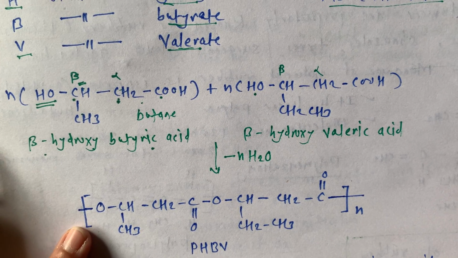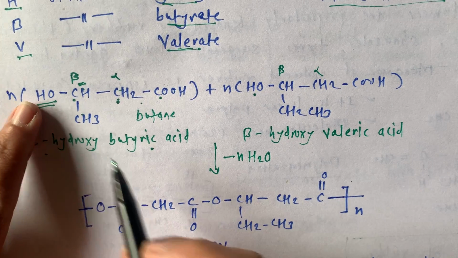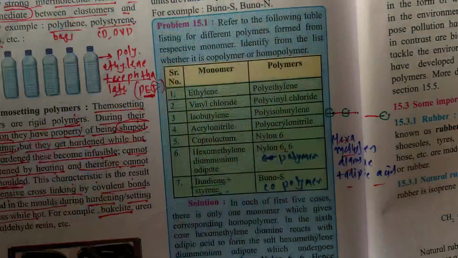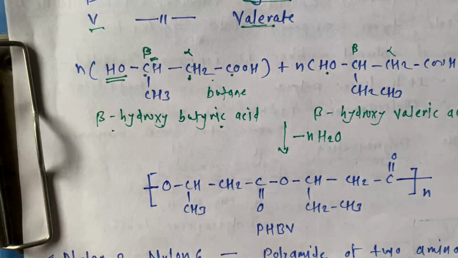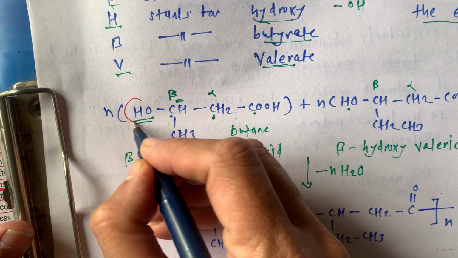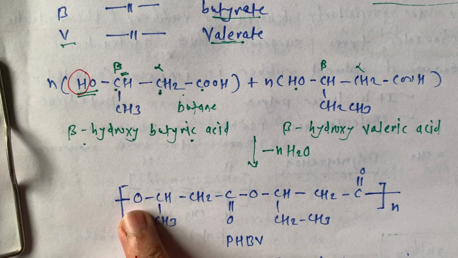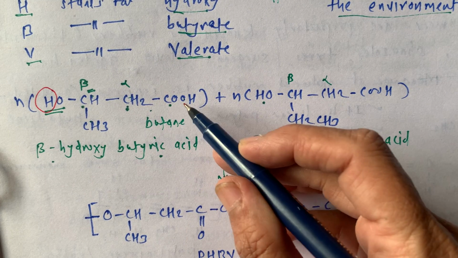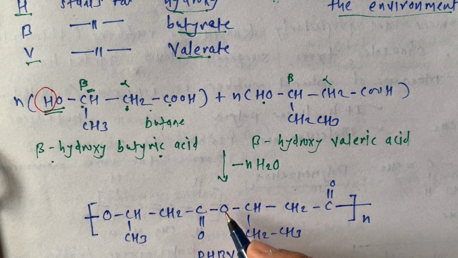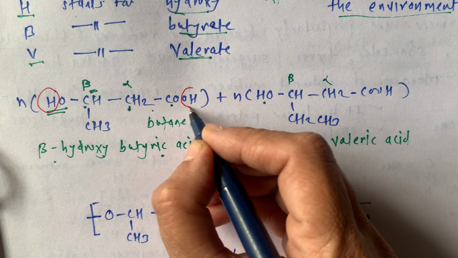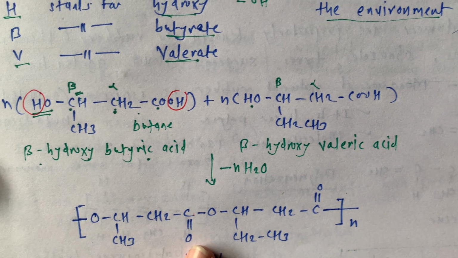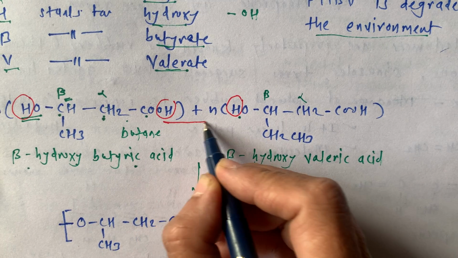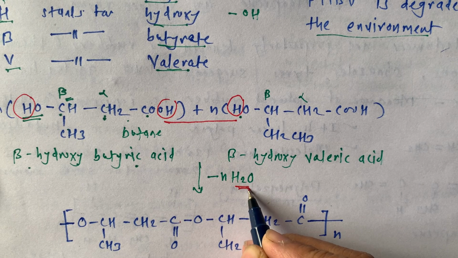Now what is going to happen? See here, from here this H is removed. Then CH, CH3, CH2 is there. Here it is C double bond O, and now again this OH and this H, they are going to form H2O.